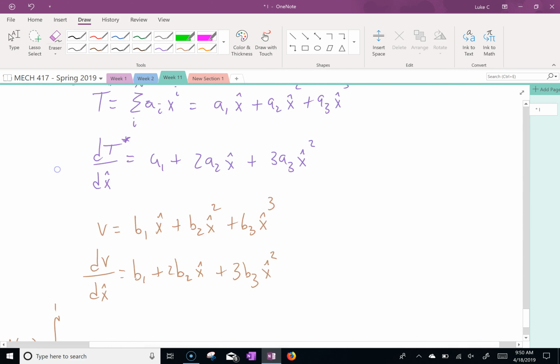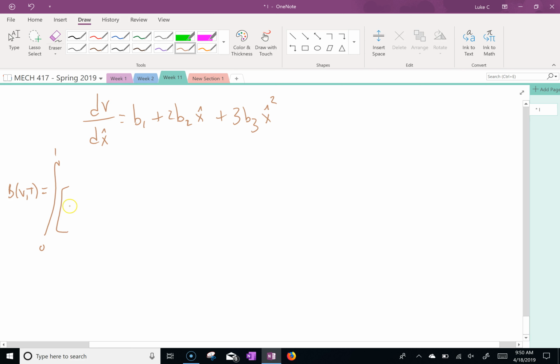Is that what we did? Yep. So that's B1 plus 2B2 x hat plus 3B3 x hat squared. And put a parenthesis at the beginning. Parenthesis, we've got to multiply it by dT star over dx hat. So A1 plus 2A2 x hat plus 3A3 x hat squared.